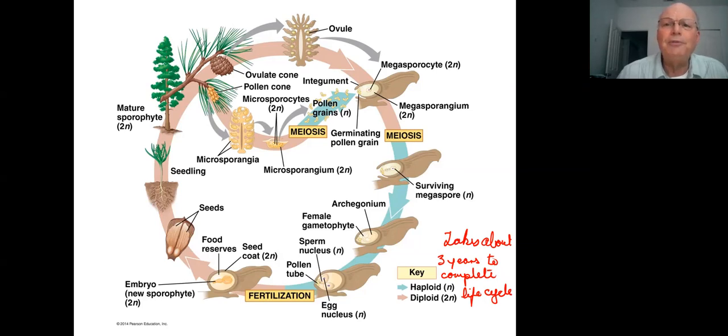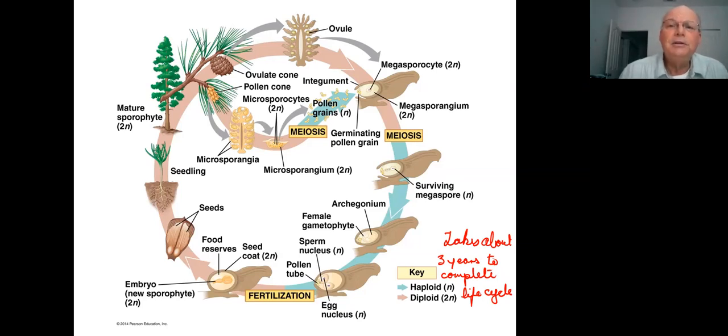Within the ovule, you have the megasporangium, which gives rise to the megasporocyte, which is actually the origin of the megaspore, which will be produced once the pollen grain arrives within the ovulate cone and enters in through the micropyle at the base of the ovule, in that little opening at the base of the integuments that surround the ovule.